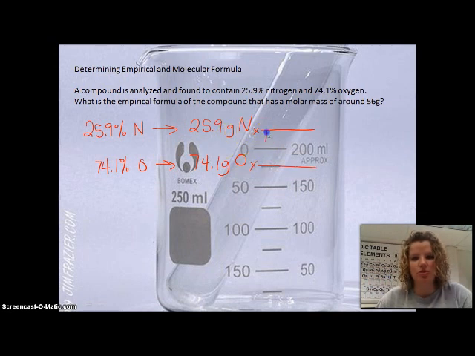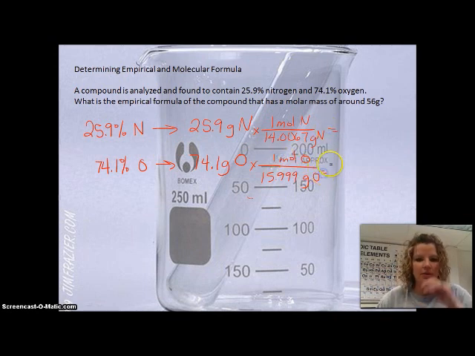Okay, so we get grams of nitrogen. The only place I can find that is on the periodic table: 14.007 grams of nitrogen over 1 mole of nitrogen. Oxygen is 15.999 grams of oxygen over 1 mole of oxygen.